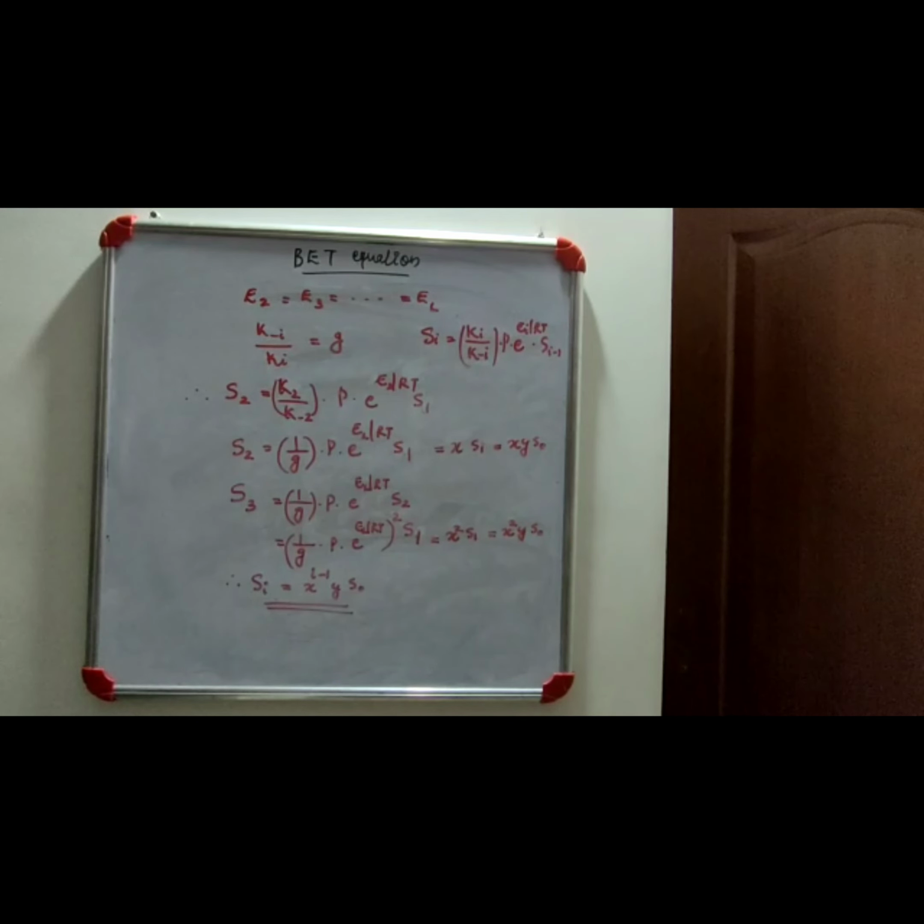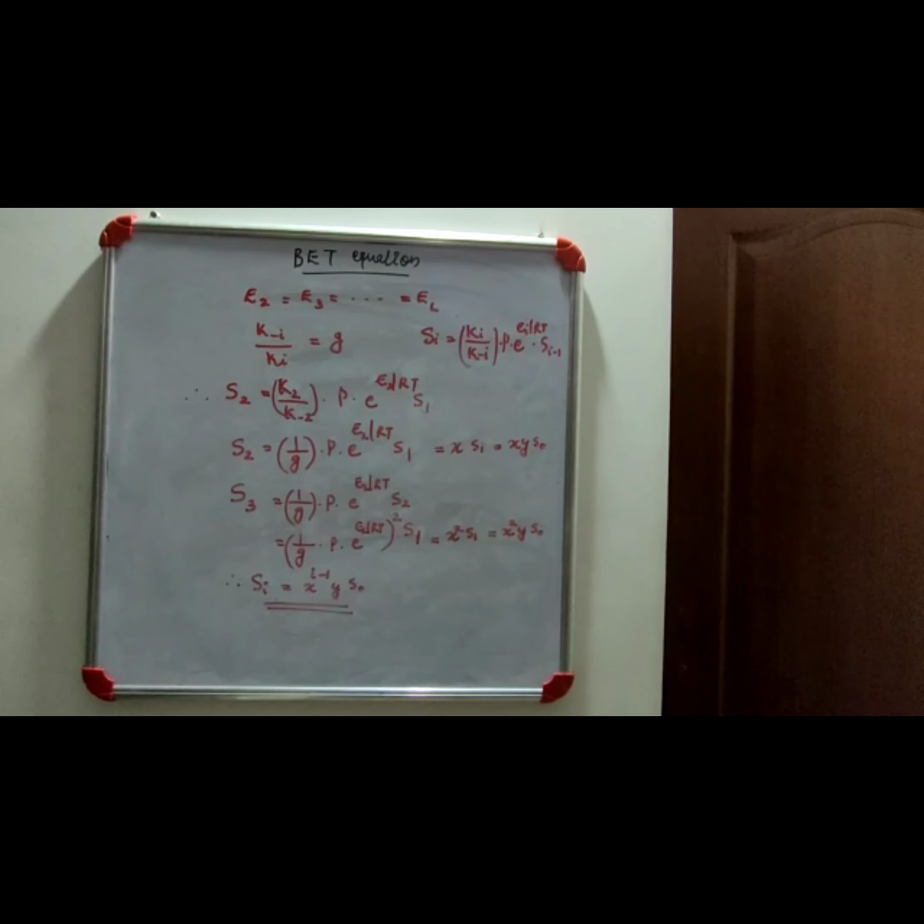Now we get the general expression Si equal to Ki by K inverse into P into E raised to Ei by RT into S i minus 1. So we can write S2 as K2 by K inverse 2 into P into E raised to E2 by RT into S1.